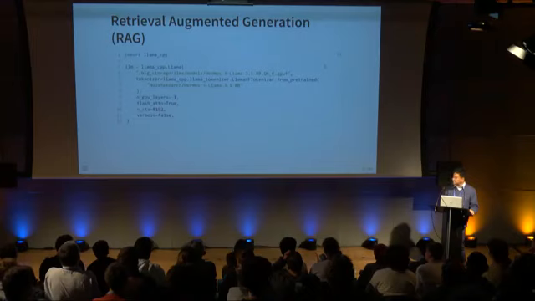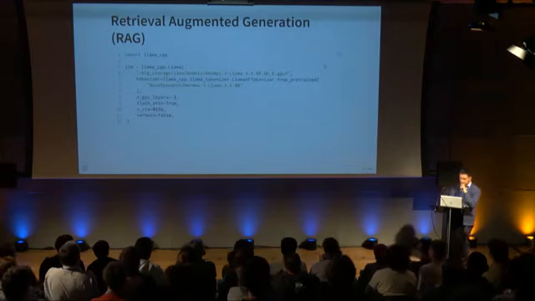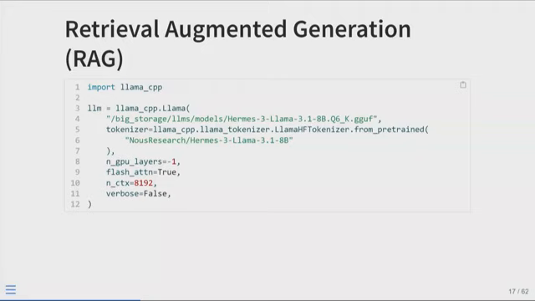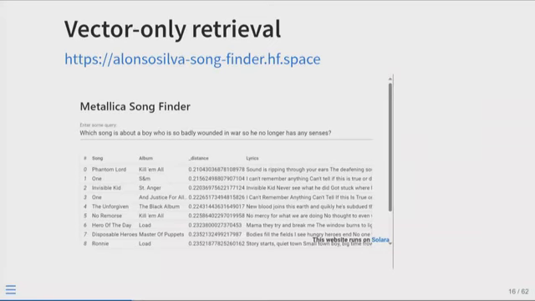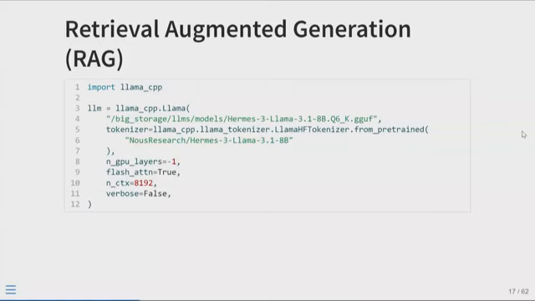But in general, we can use, for example, llama.cpp to now go into the augmented generation part, because the other thing was just retrieval. So this is just retrieving the song. But now we want to use the LLM to tell us which song it is. For example, in the case where it was the second one that appeared, it was within the context, but it was not the correct one. It was not the first one.